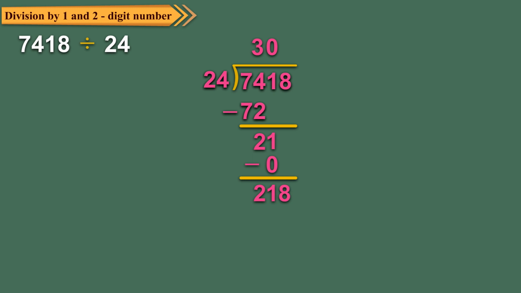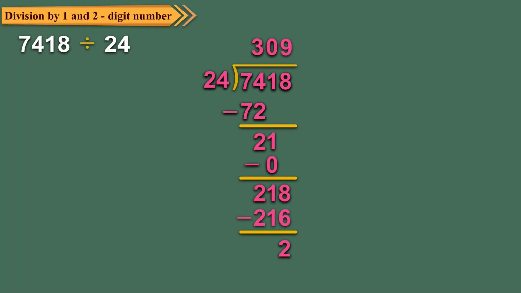Now bring down 8 to the right of 21 to get 218 as the new dividend. Also, 24 multiplied by 9 is equal to 216. So write 9 as the next digit of the quotient and 216 below 218. Subtract 216 from 218 to get 2 as the remainder.